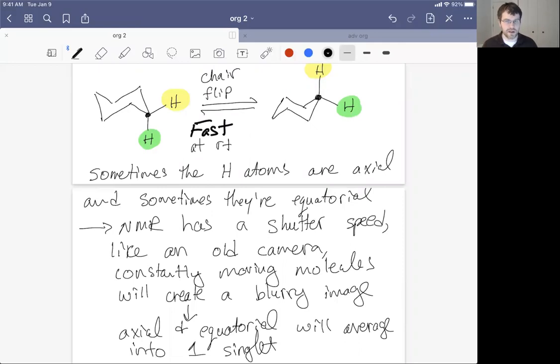Okay, how do we do that with molecules? We can't tell molecules to sit still. Sort of. We can slow them down.